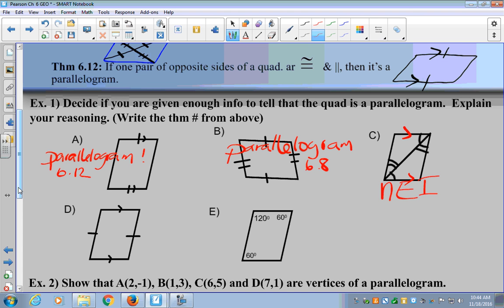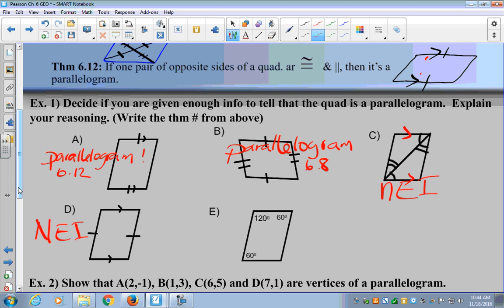The same lines have to be congruent and parallel. So I say, nay. Not enough information. The congruent marks have to be on the same lines as the parallel.